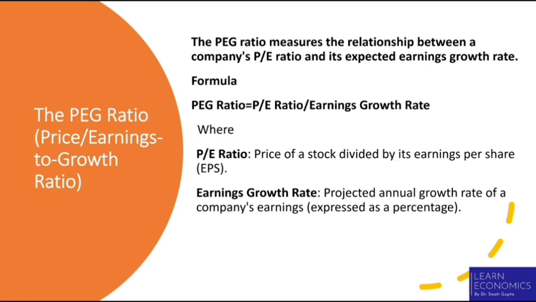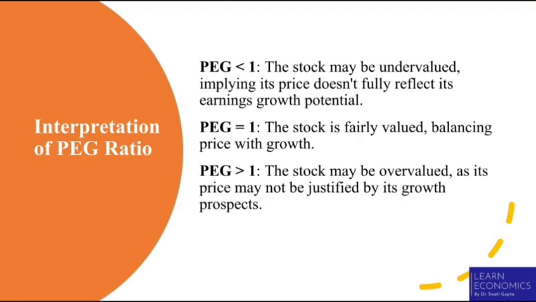I have already explained the PE ratio in the previous videos. Now, earnings growth rate is the projected annual growth rate of a company's earnings, and it is expressed as a percentage.